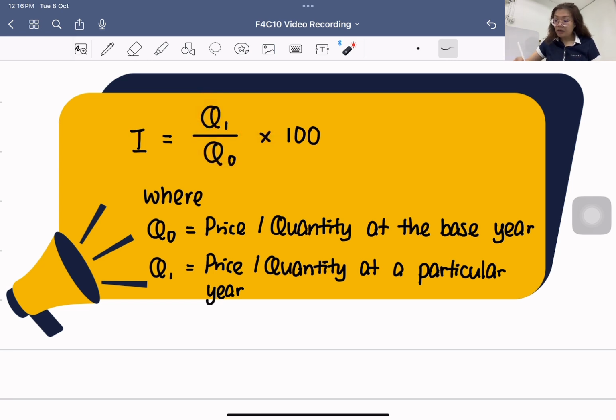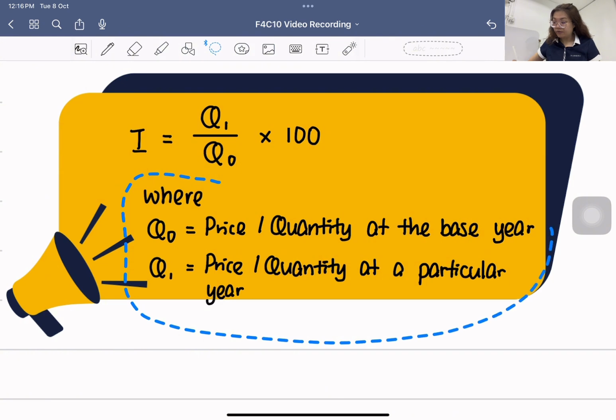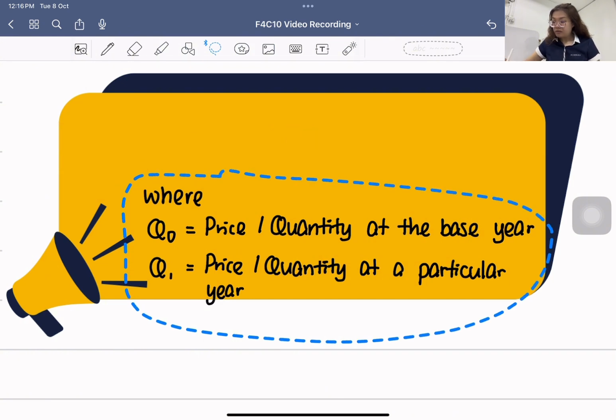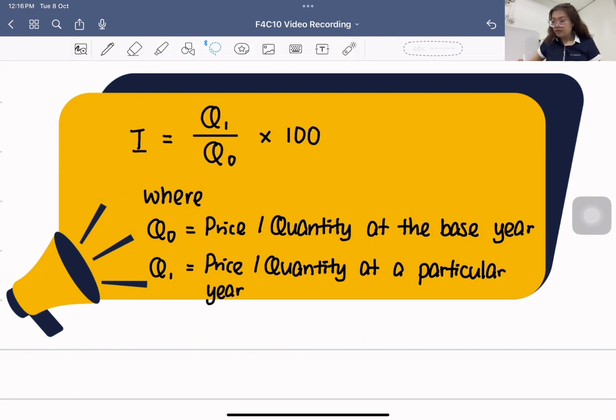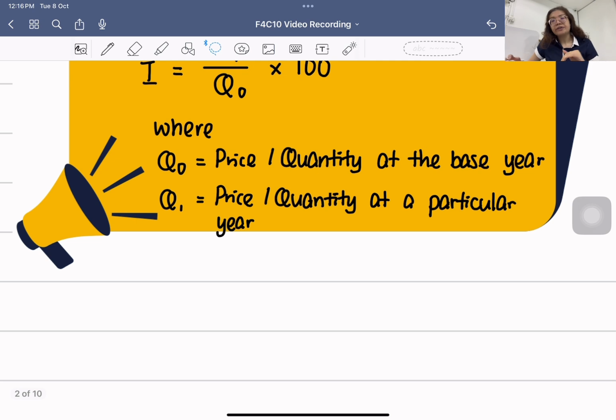Then we multiply everything by 100. This is what we call the index number.